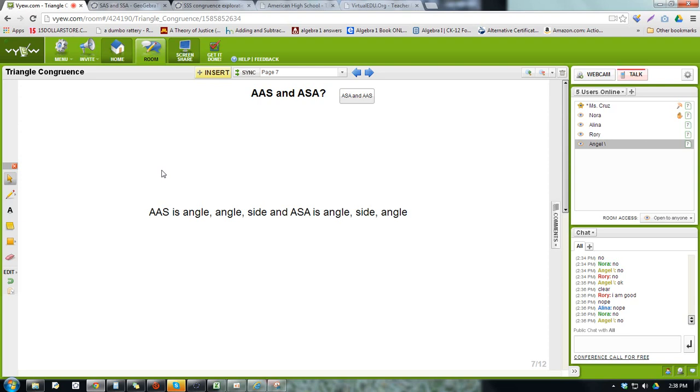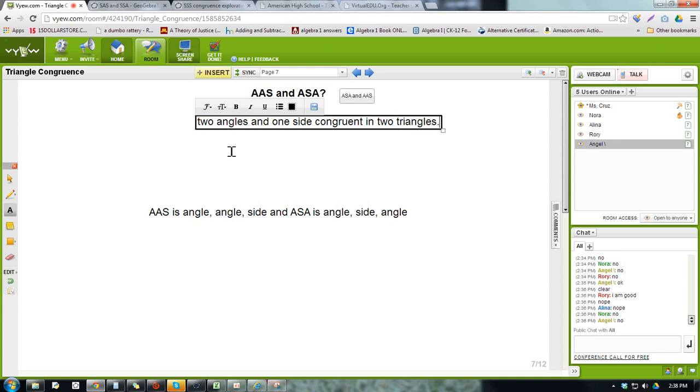Angle, angle, side. And one is angle, side, angle. Perfect. And these are in triangles. So both of these are theorems where there are two angles and one side congruent in two triangles. AAS is angle, angle, side, and ASA is angle, side, angle. Perfect. And this is actually one of the proofs that Thales did from the beginning of the lesson.